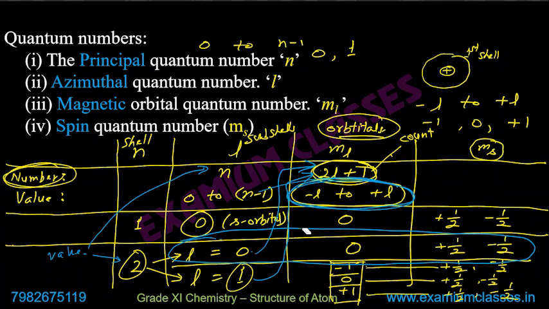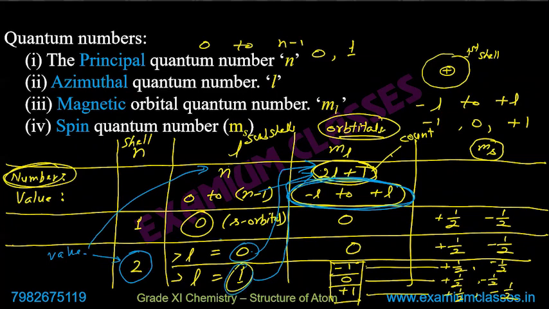If I say n equals 2, this is the second shell. It has 2 subshells, 0 and 1. These 0 and 1 are separate, mutually exclusive, in the sense that they will have their own orbitals and electrons. It does not mean that they will not share regions.